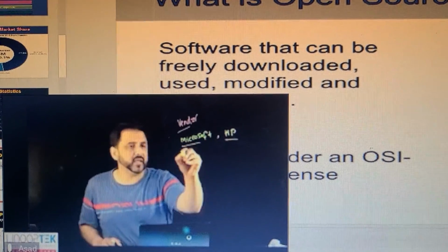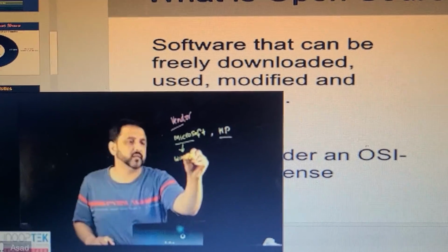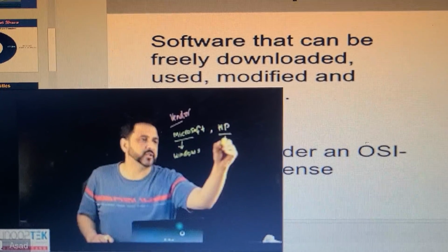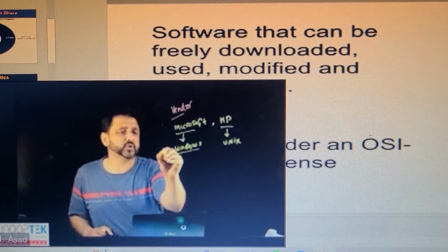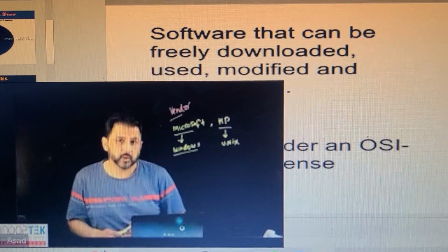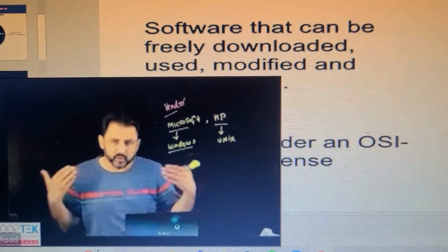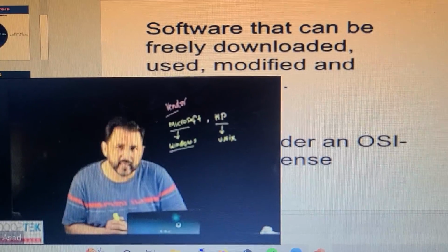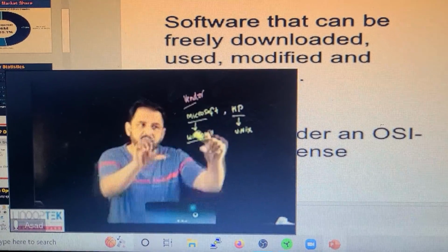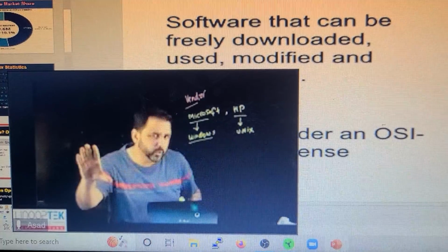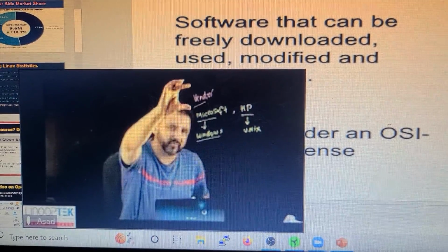Because their operating systems, which is Windows in this case, and Unix in HP's case, are not released with the source code. That means the customer, which is a company, whether it's AT&T, Google, Verizon, is using this software, but does not have access to the source code. They are depending on the vendor.